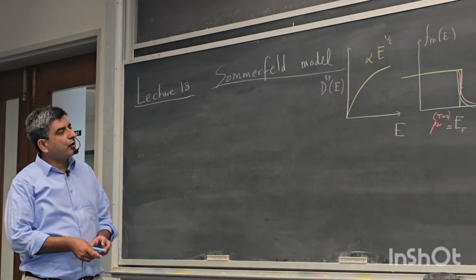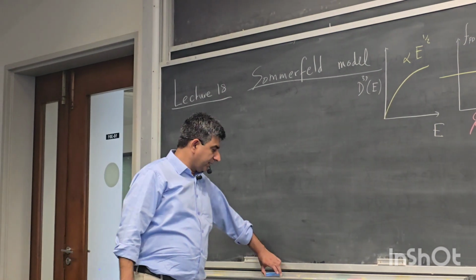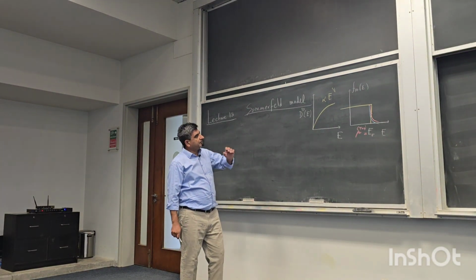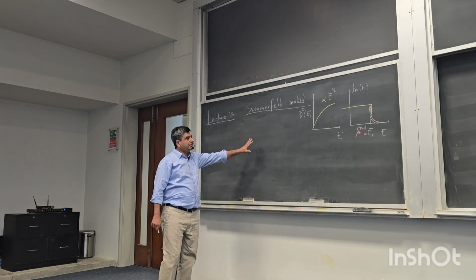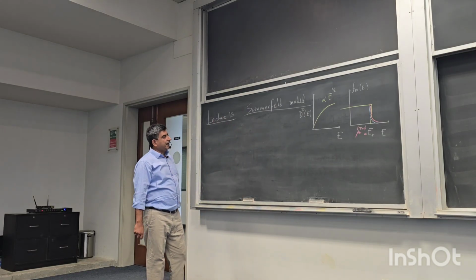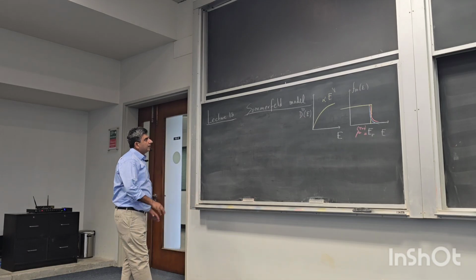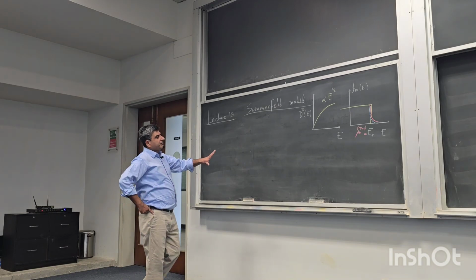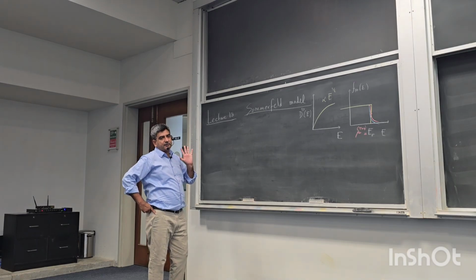Now, in order to look at all of these properties, there is a model that was proposed by Sommerfeld back in the 20th century, around I think 1910 to 1920s, and the model goes as follows. The model really looks at describing the properties of free electrons in terms of an integral.